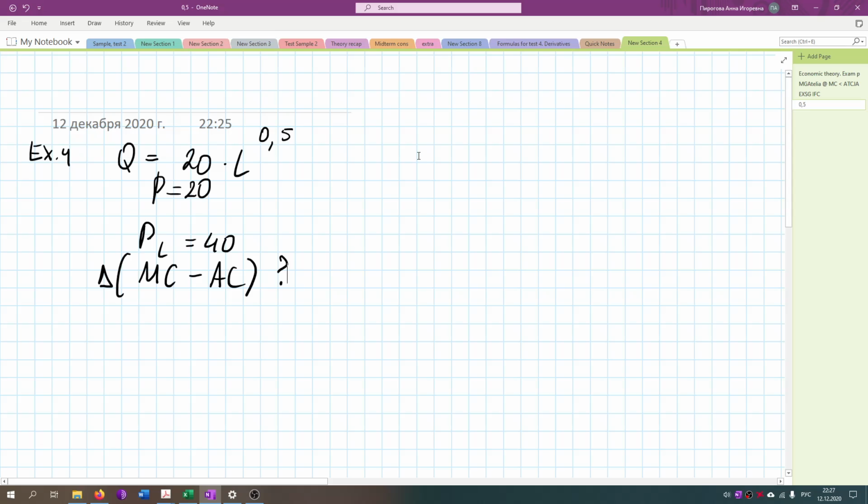In this exercise, we have our function about Q and labor. We are given the price for labor, which is 40, and we need to compute the difference between marginal cost and average cost.